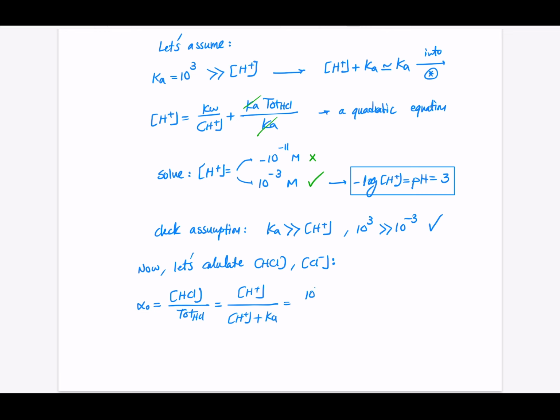When I add the values, 10 to the minus 3 over 10 to the minus 3 plus 10 to the 3, it's almost 0, a very small value. Then I add this into the mass balance, because I know the total HCl is HCl plus Cl minus. Then the concentration of Cl minus is equal to the total HCl, or 10 to the minus 3 mole.